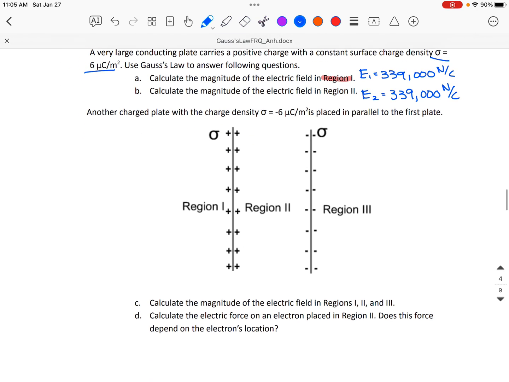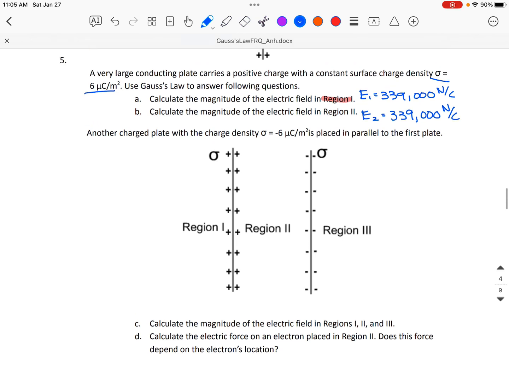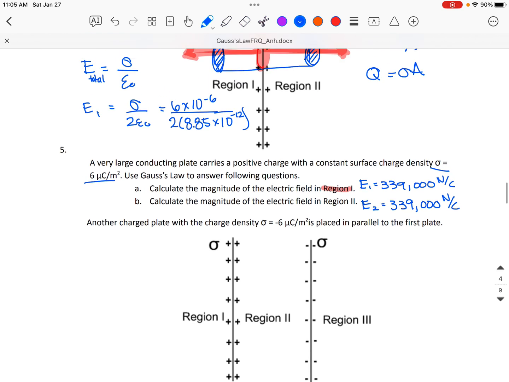Okay, so for the next two parts, it gives us two charges. One is positive 6 microcoulombs per meter squared, and the other has a charge density of negative 6 microcoulombs per meter squared. I already did the calculation for the electric field of the positive charge here.